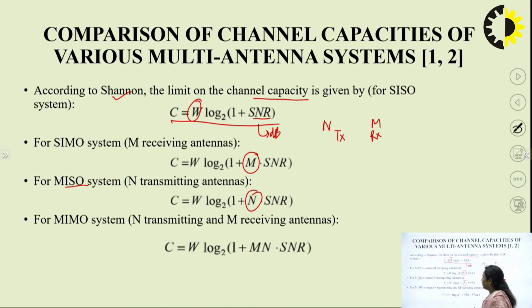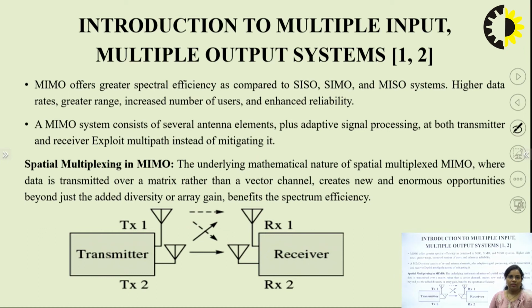Next one is MIMO, that is multiple input multiple output. So n number of transmitters, m number of receivers are there, so this signal to noise ratio will be multiplied by m into n. And the bandwidth W will be the same in all the cases. Now next is introduction to multiple input multiple output systems.